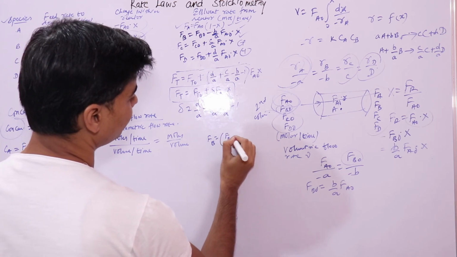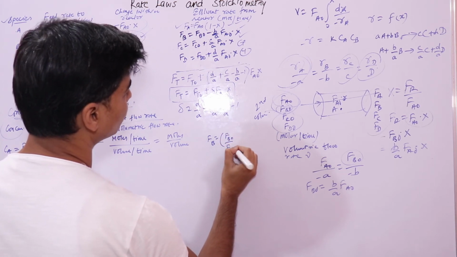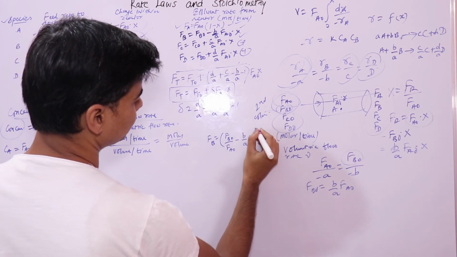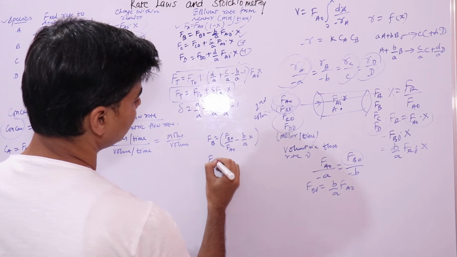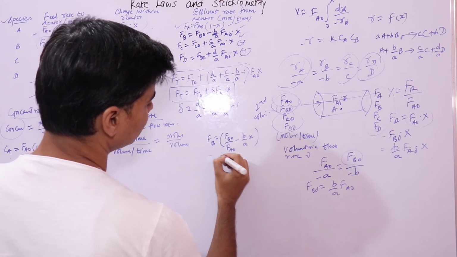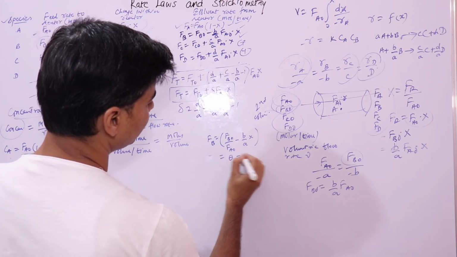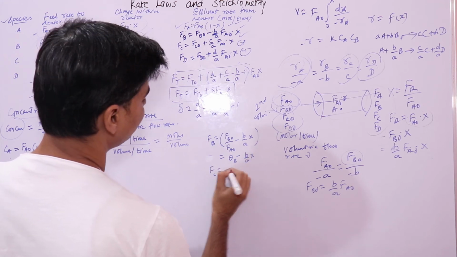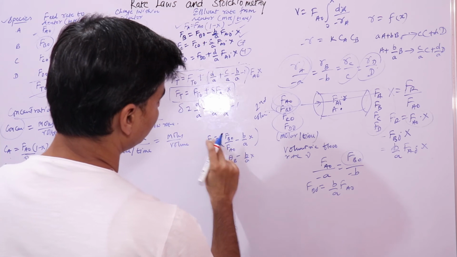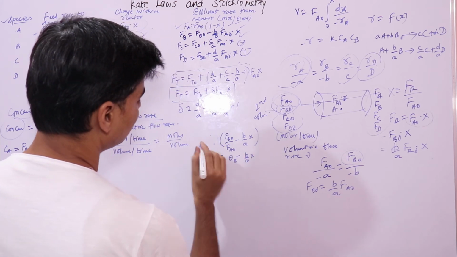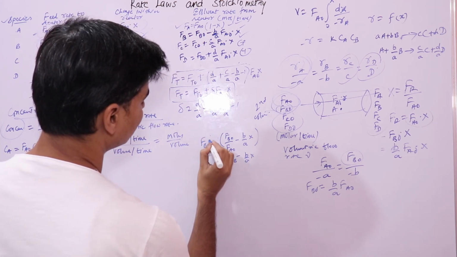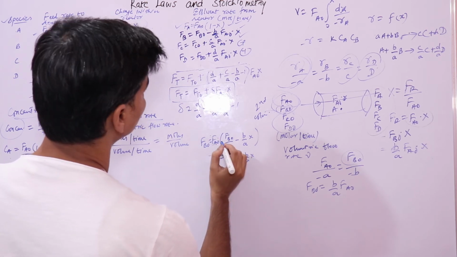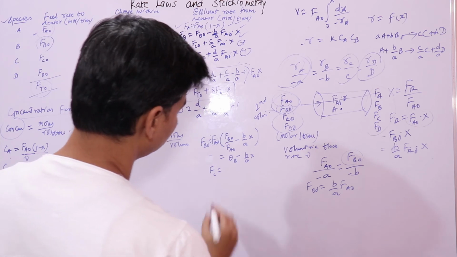It will become FB0 upon FA0 minus B upon A X, and this will become theta B minus B upon A X. Similarly, FC would become, since you have taken FA0 common, this is what it will become.